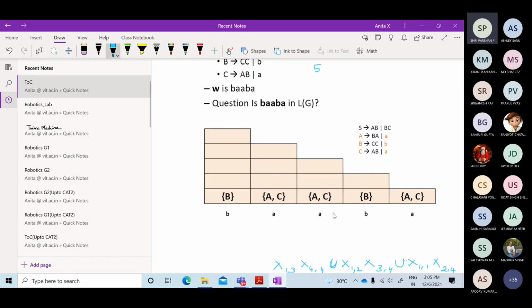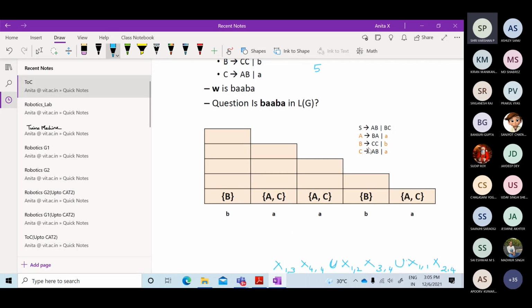Then using these characters, I am going to make an entry over here. How am I going to make the entry? Here I am going to make use of the grammar. What are the alphabets we have placed? B and A are the alphabets we have.